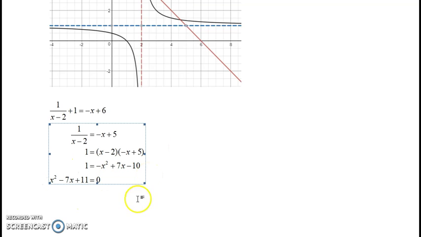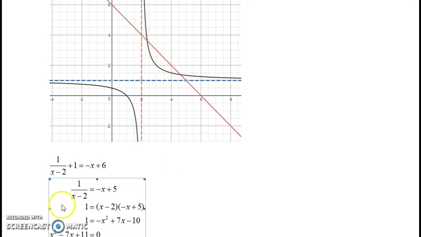I'm going to use the quadratic formula and come up with the two answers. And there should be two answers because there are two different intersection points.